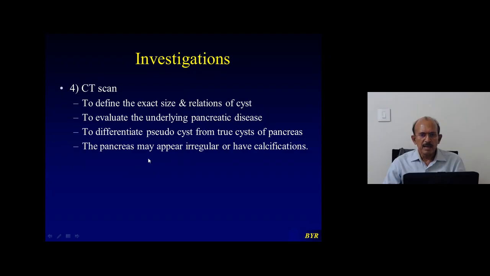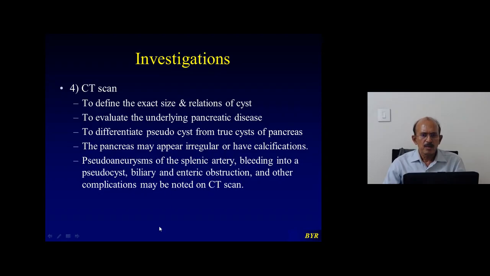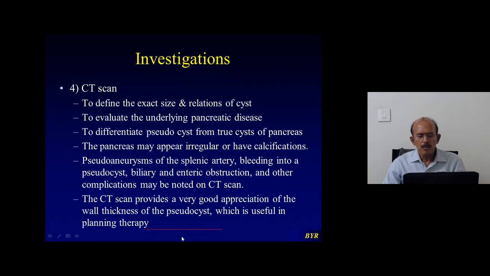The pancreas may appear irregular or have calcifications in chronic pancreatitis. Pseudoaneurysms of the splenic artery, bleeding into a pseudocyst, biliary and enteric obstructions, and other complications may be noted on CT scan. The CT scan provides a very good appreciation of the wall thickness of the pseudocyst, which is useful in planning the therapy. When you plan surgical management, I will tell you about this point, about wall thickness.